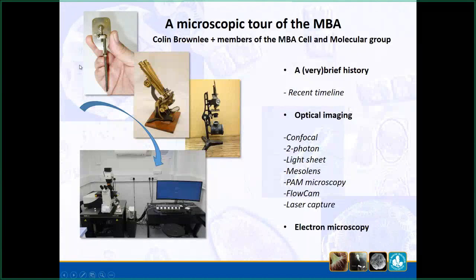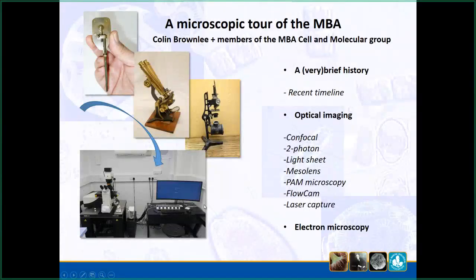Microscopy's really been with the MBA from the very early days. This image at the top left shows the very first microscope. We didn't actually use one of these because we weren't in existence when this one was made by Antony van Leeuwenhoek. So this is a microscope based on a tiny glass bead. But over the decades and centuries, these microscopes have evolved into what we have now.